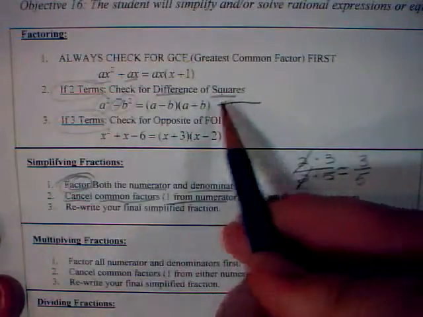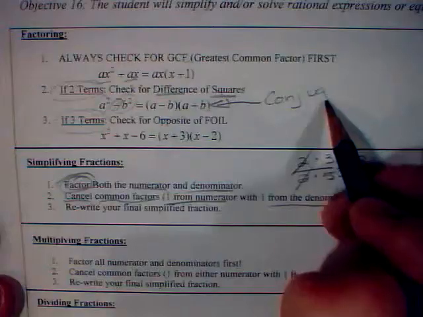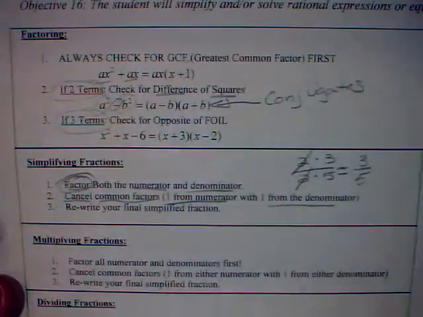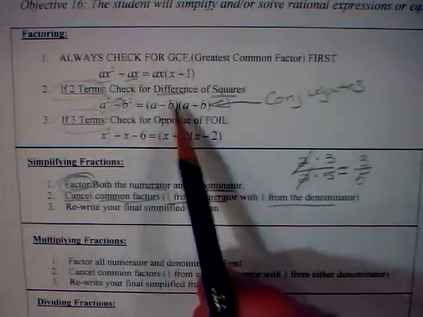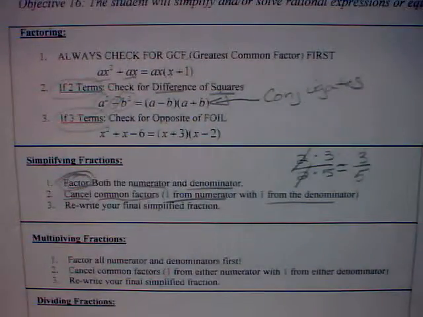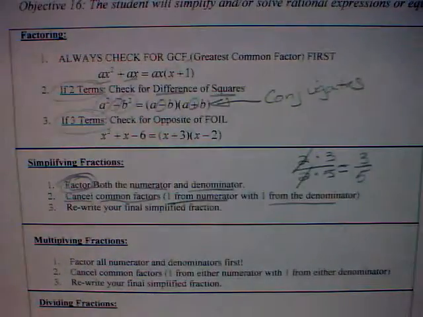If you do have that, then these factor into conjugates, and conjugates again are where the first term in each and the last term in each are identical, and the signs are just opposites. This is minus and this is plus.